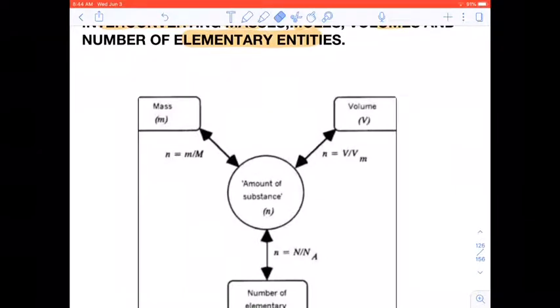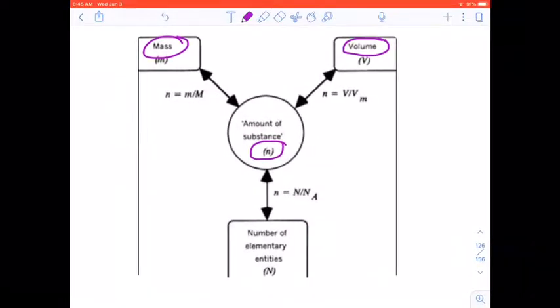So let's look at it. We start off with the mole, the amount of substance here. We're relating it to the volume of the gas, to the mass of the gas, and to the number of particles.